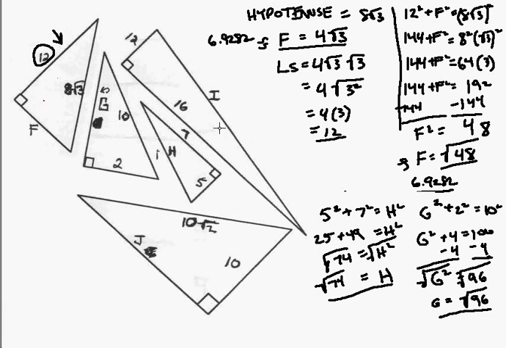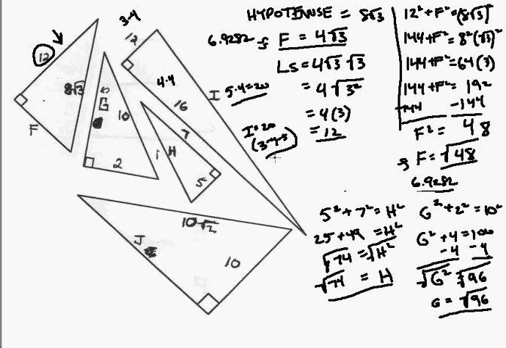Now there's G, H, I. Oh, this looks like a 3, 4, 5. If this is 3 times 4, this is 4 times 4, so I betcha this is going to be 5 times 4, which would be 20. So I equals 20, and this would be because of the 3, 4, 5 triangle ratio.